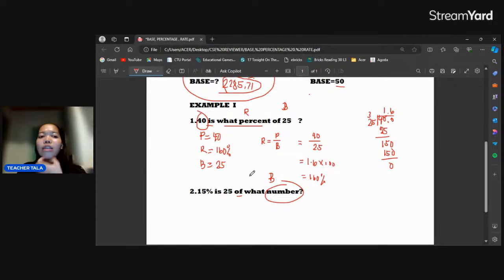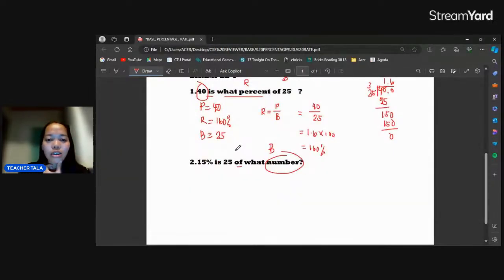Okay, now let's move to the next example. Next problem. 15% is 25 of what number? Wait, again. 15% is 25. I think 25 is 15% of what number?